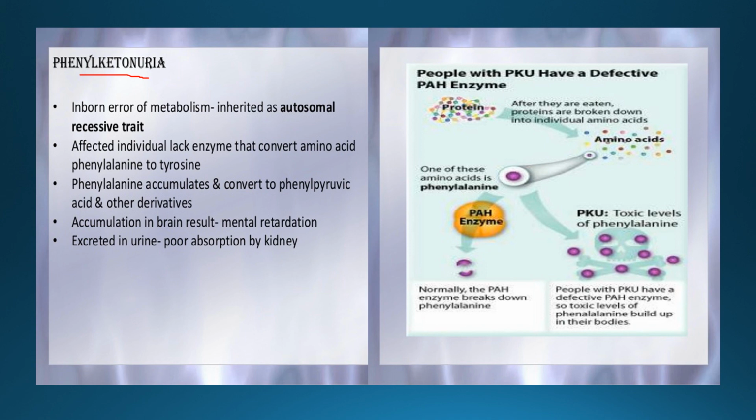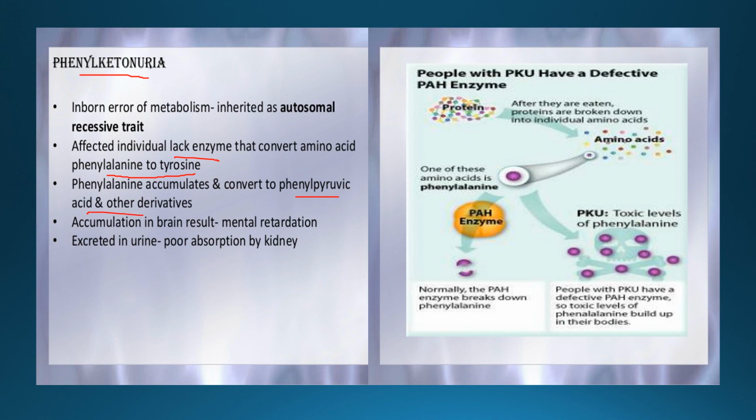Here, the affected individual lacks the enzyme phenylalanine hydroxylase, which helps in the conversion of phenylalanine to tyrosine. Due to this, excess phenylalanine accumulates and is converted into phenylpyruvic acid and other derivatives.